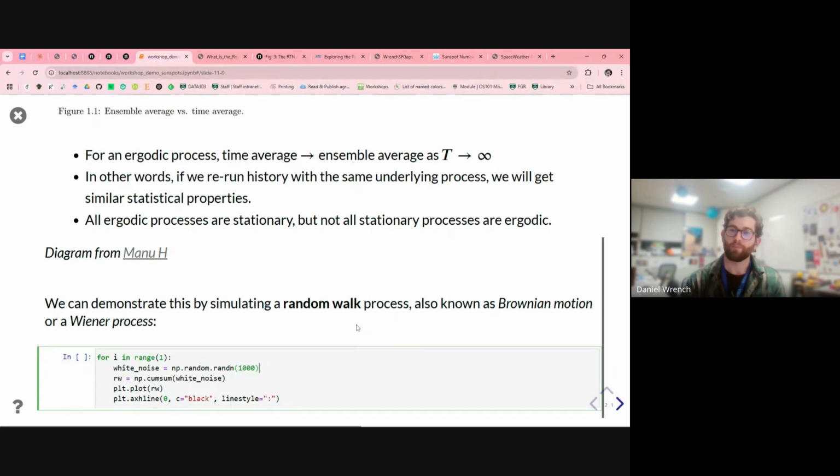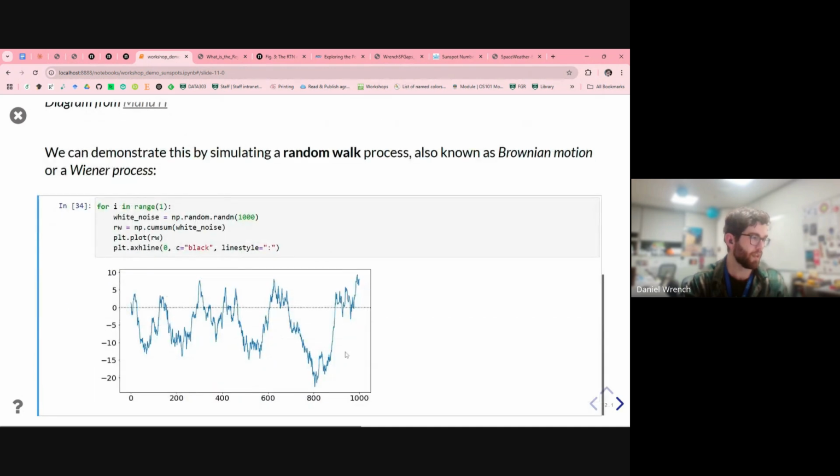Basically, you take some starting point, usually 0, and then apply some random shock, up or down with equal probability, and you sum these shocks and follow your time series as you do this. So we can conveniently simulate it by just getting the cumulative sum of a white noise process. And there's an example of what this looks like.